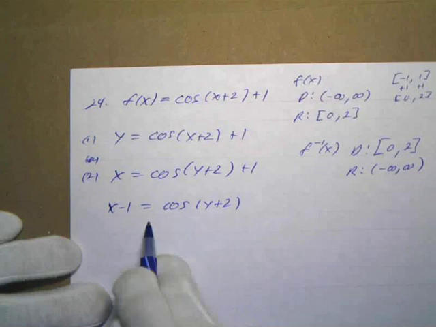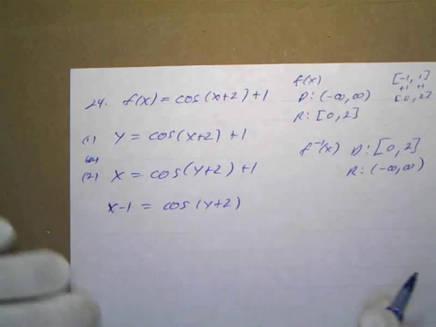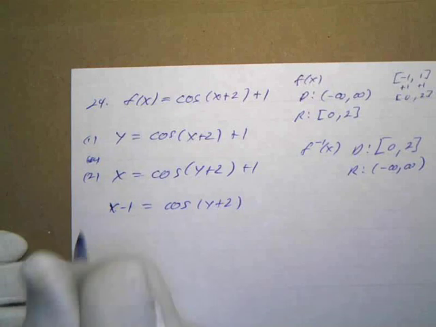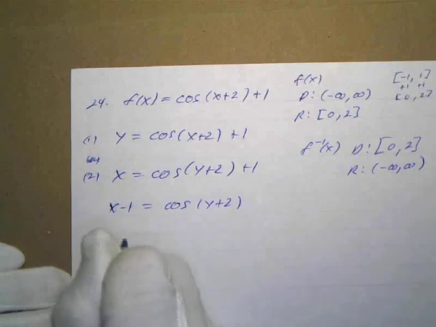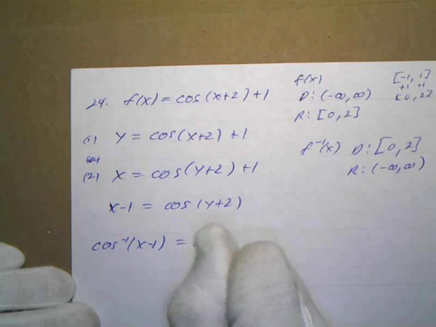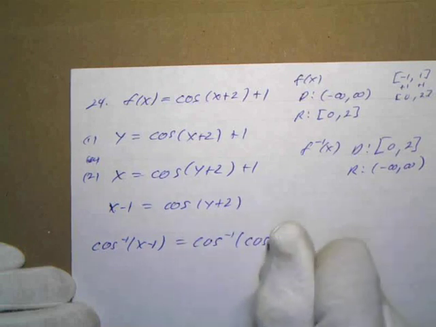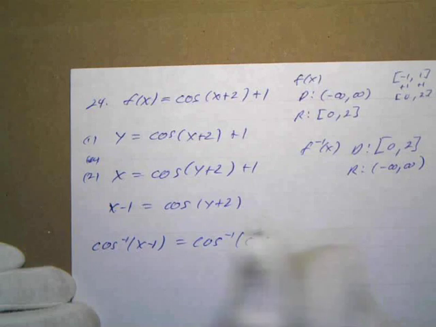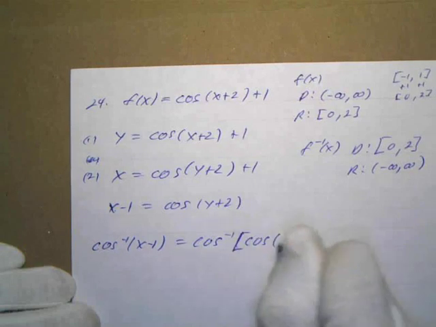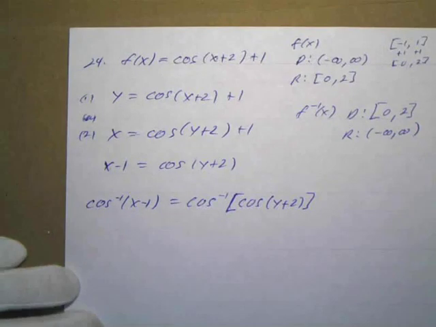Okay, now how can we get at the y? Well, this is where we can use the inverse function. And hopefully this is in the right domain, etc. So I'll just say cosine inverse, the inverse cosine of the cosine of y plus 2. All right?